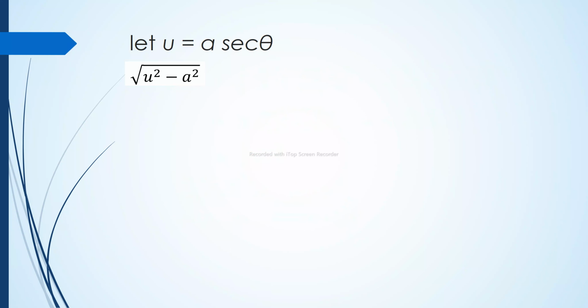Now for our third radical, we have the form square root of u squared minus a squared. So we let our u be a secant theta. So this becomes the square root of a squared secant squared theta minus a squared.